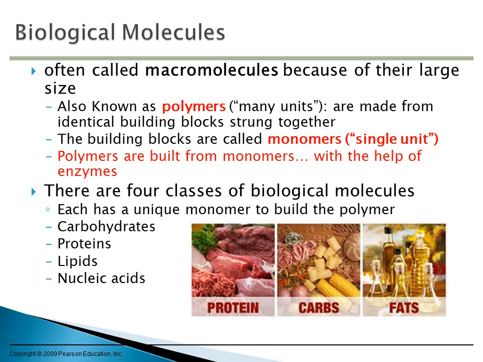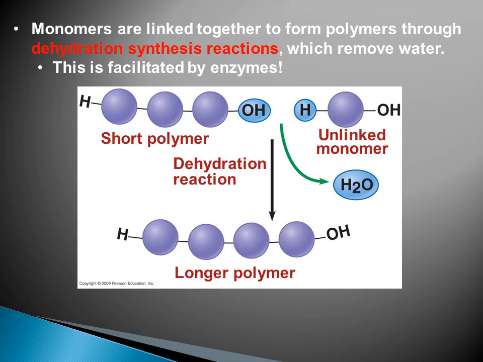The last couple of things we're going to talk about are how we build these macromolecules and how we can break them down. Importantly, we have those monomers, and we need to link them together. To link the monomers to make the polymers, we perform what are called dehydration synthesis reactions within our body. The reason it's called dehydration: you're out for a run, you're sweating, you're becoming dehydrated, you're losing water. In this reaction, you'll notice this short polymer chain.